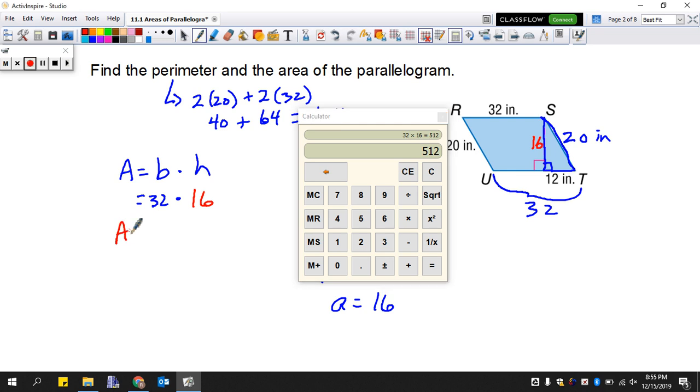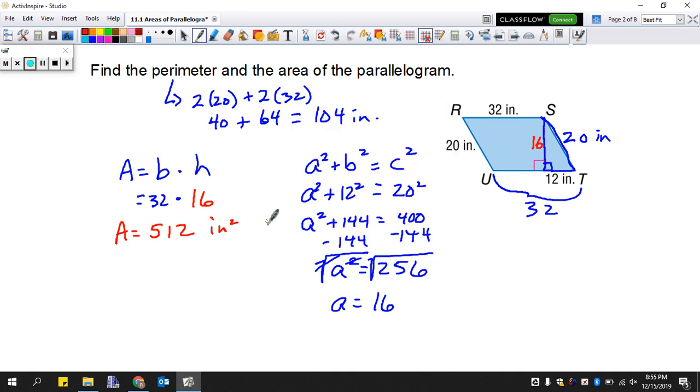So the area is equal to 512 inches squared, or square inches. The reason it's square inches, it's always going to be square units of measure when we're finding the area, because this is 32 inches, 16 inches, and inches times inches is inches squared.